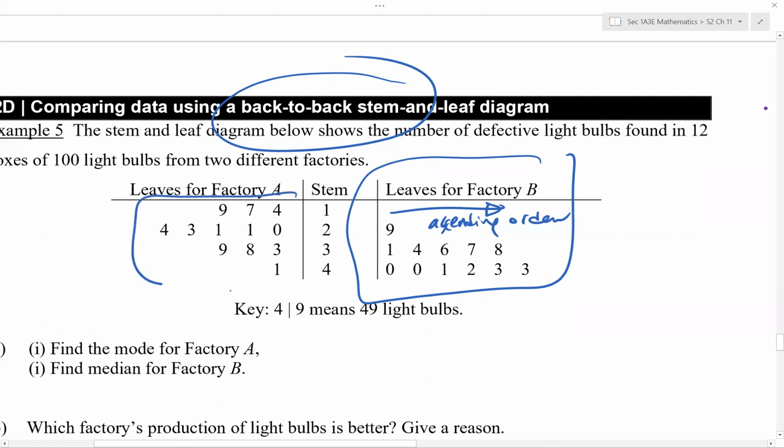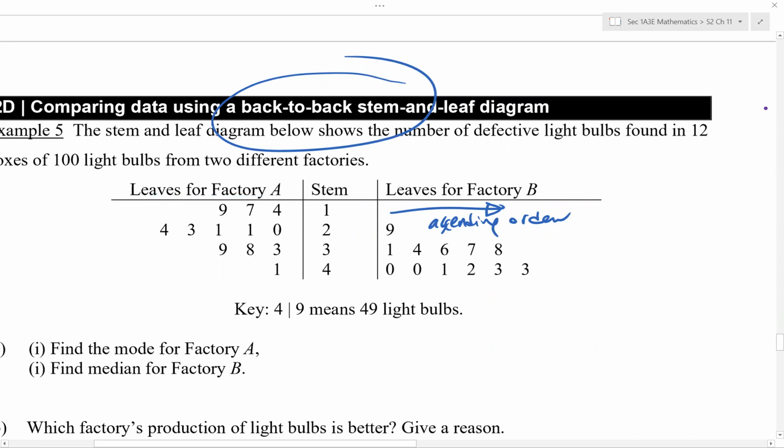So you observe for the leaves on the left-hand side, it is consistent in that we are still placing the smallest digits closest to the stem. So this is consistent. Smallest digits closest to stem, whether it is left-hand side or right-hand side.